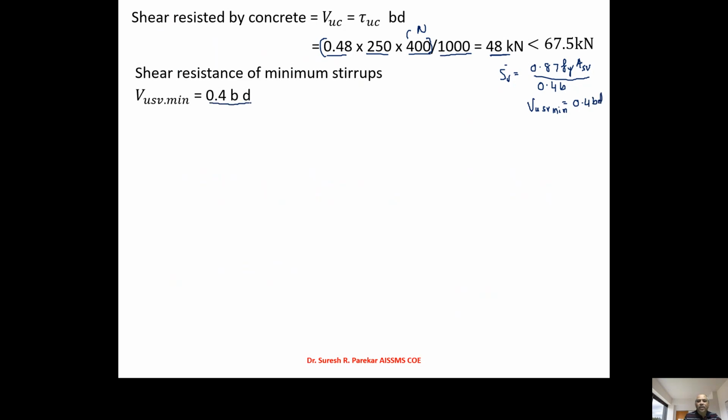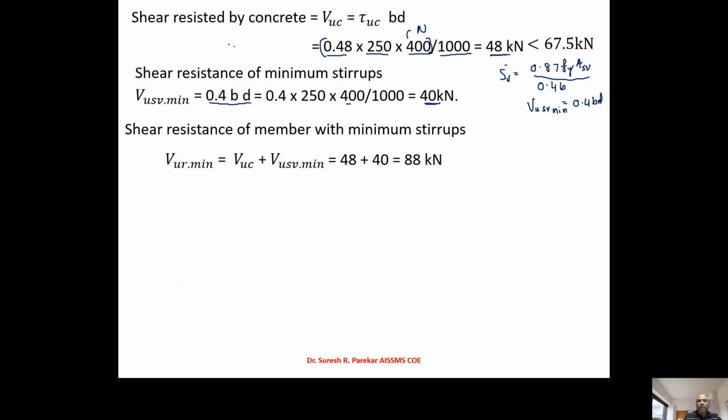Substituting the values, we get 40 kilonewton. Now we check Vuc plus Vus minimum, and we get 88 kilonewton, which is greater than 67.5 kilonewton. That means minimum shear reinforcement is sufficient for the given shear force at quarter span.